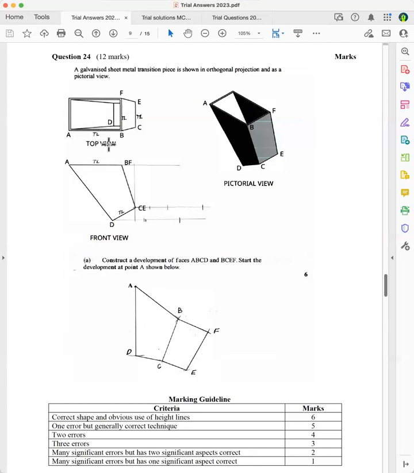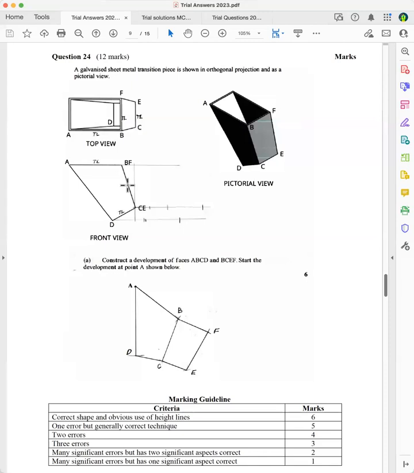Now, if you want to see BC, is BC a true length here? You look in the other view, it's not a point, nor is it horizontal, so therefore BC up here is not a true length. Let's have a look here. Is BC a true length down here? You look in the other view, you see it's not a point, nor is it horizontal, so BC is not a true length there.